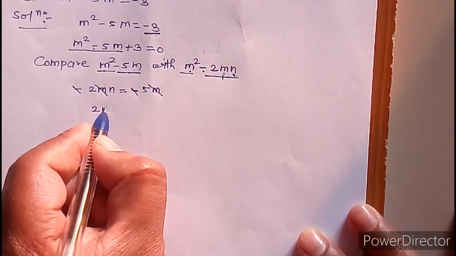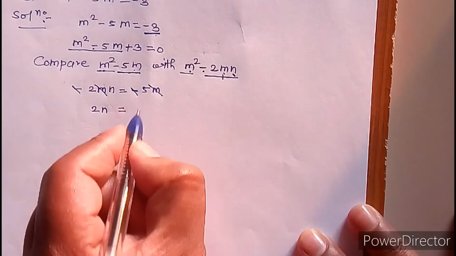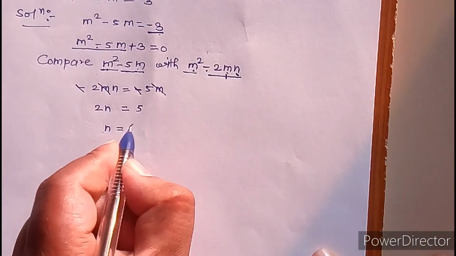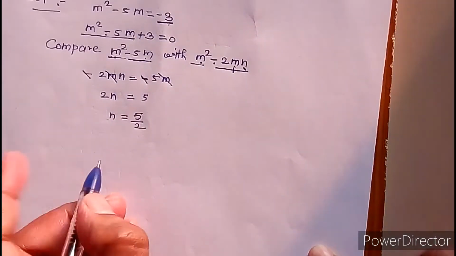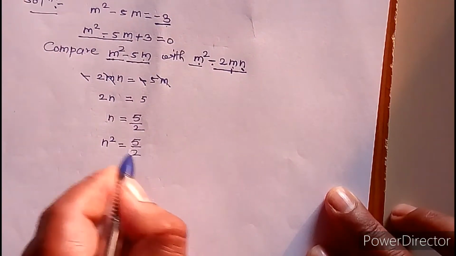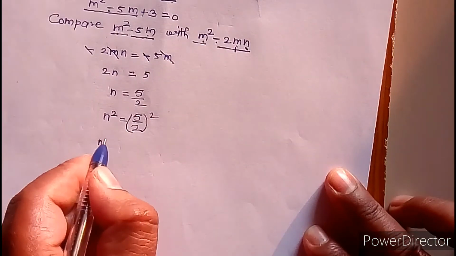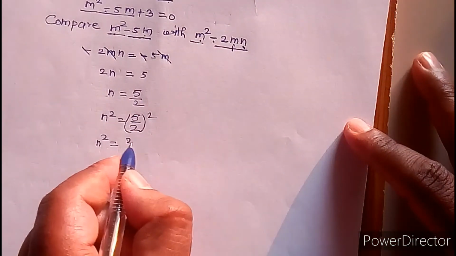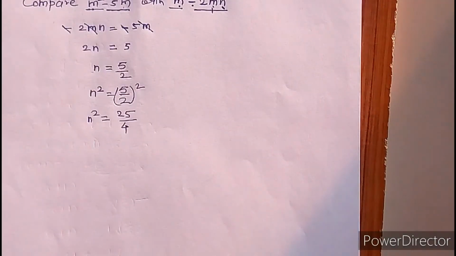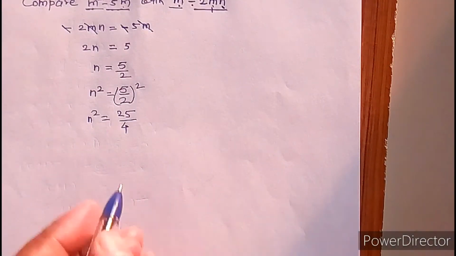We get twice of n equals to 5, so the value of n equals to 5 by 2. Now on squaring n, n square will be equals to 5 by 2 whole square, therefore n square will be equals to 25 by 4.